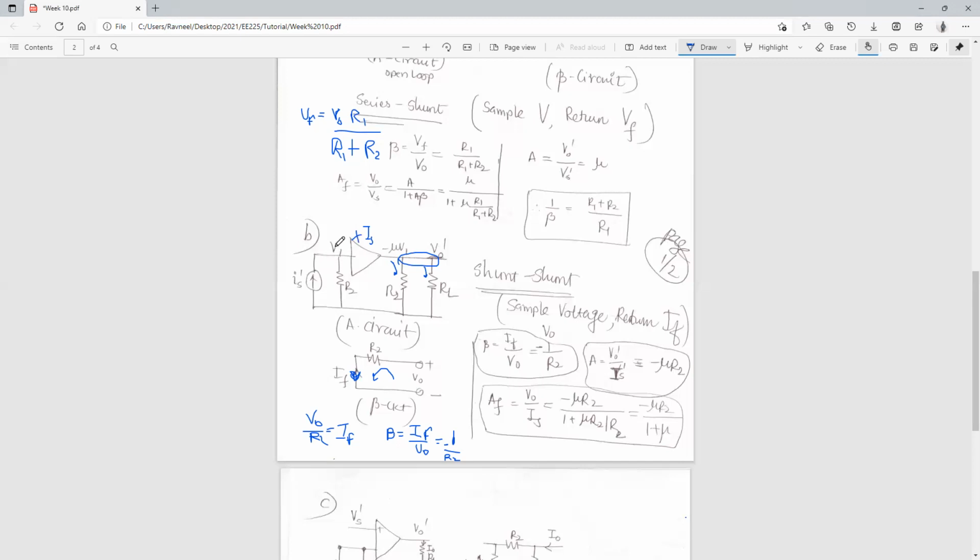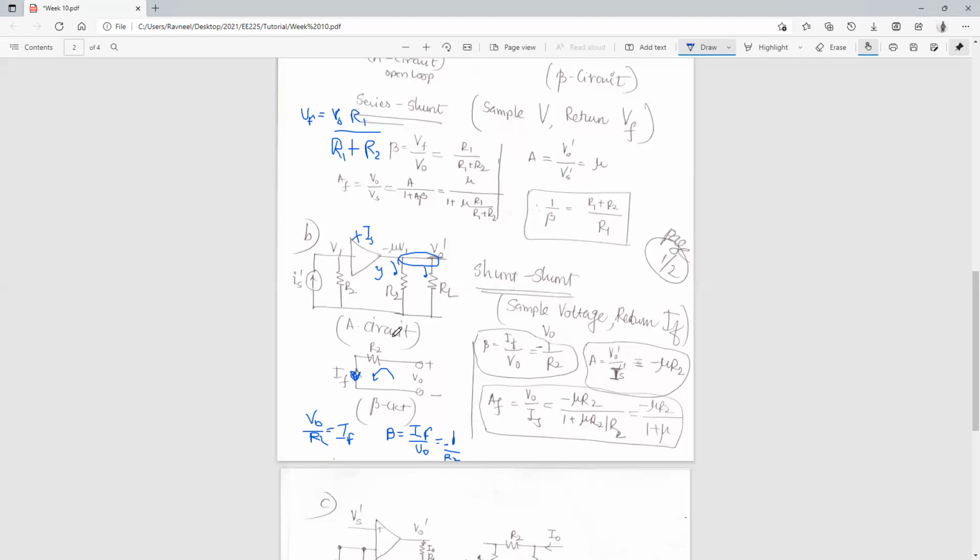And then this current splits across this particular branch. There's another factor that splits this current, X times IS, across this branch R2 and RL. Let's say that factor is Y. So Y is the factor that splits X IS into this branch. So we have Y times X times IS.